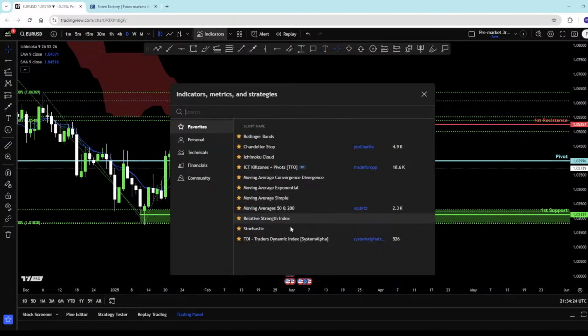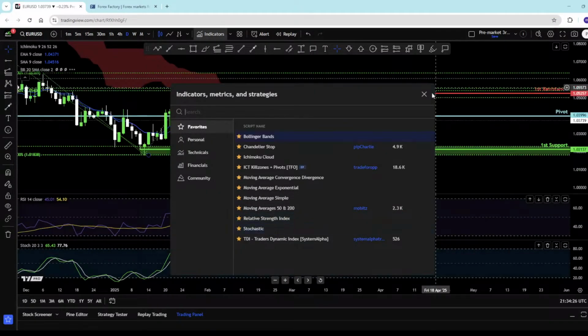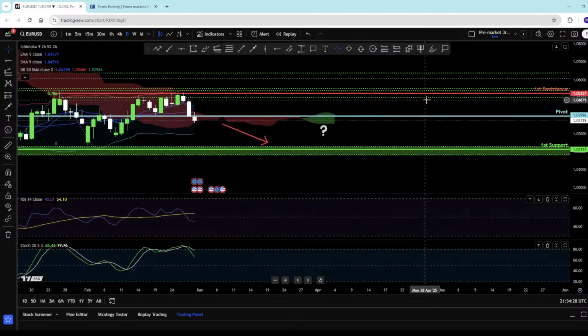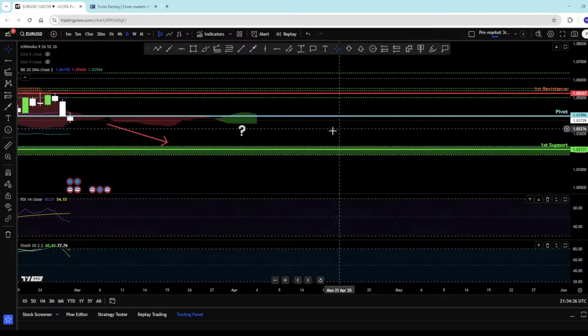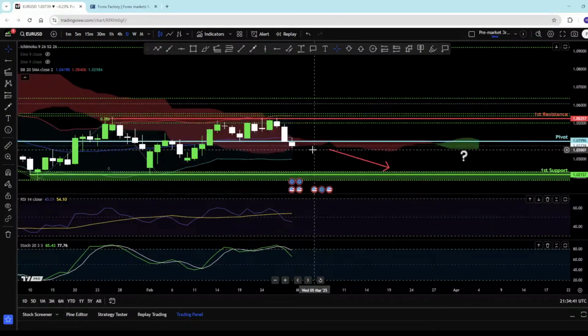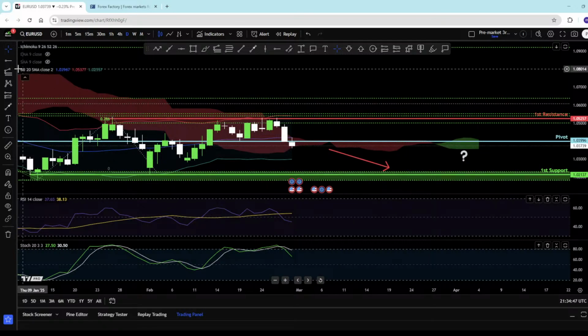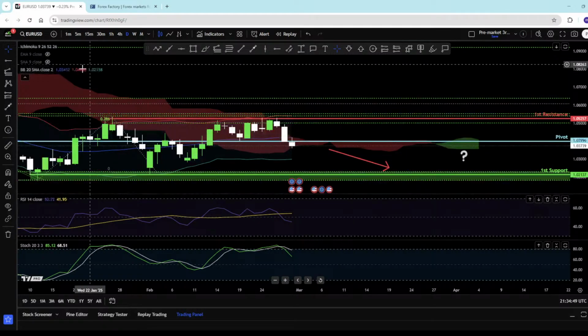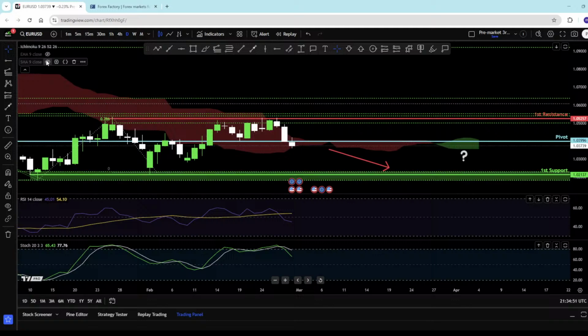Let's look at RSI and stochastic and maybe Bollinger Bands as well. Bollinger Bands aren't really telling us much right now. It is moving into the lower half, or lower limit, of the Bollinger Band, but it's not giving us a very strong bearish signal, so I'm not going to use this.